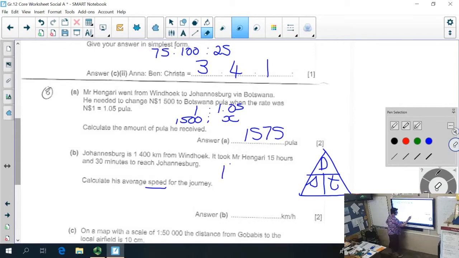But now the time is 15 hours and 30 minutes, which is what? Yeah, 15.5. We change the minutes to hours, okay? And what is then his speed? Yeah, I got 90.3 kilometers per hour. We round off to 3 significant figures.